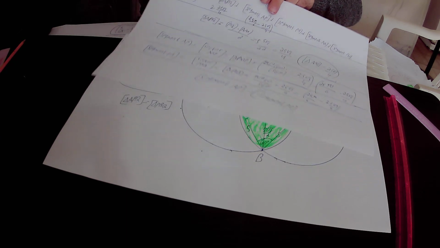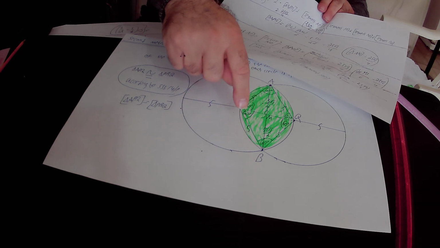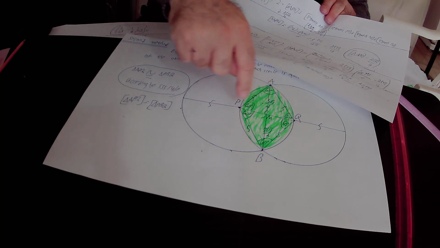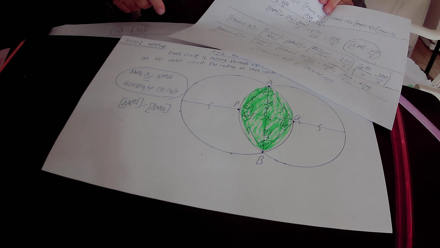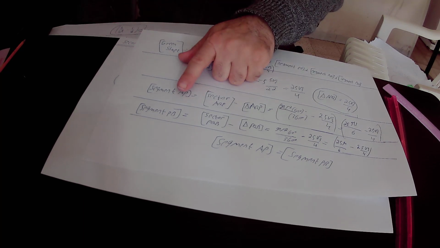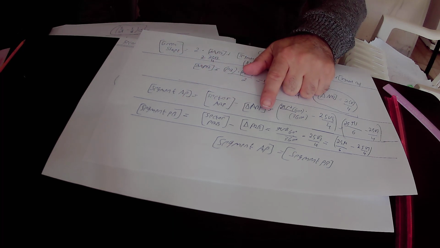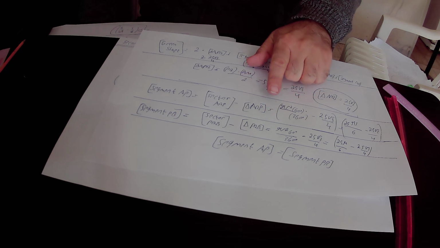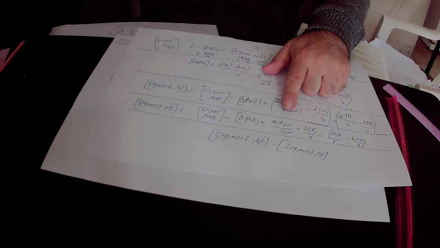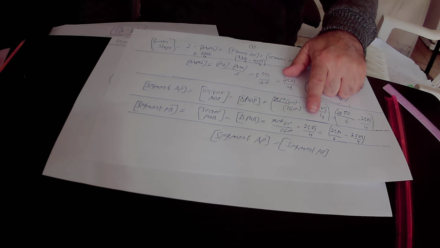Then we find the area of segment PB. What is the area of segment PB? The area of segment PB equals the area of sector PQB minus the area of triangle PQB. The area of sector PQB equals pi r squared times 60 degrees over 360 degrees.